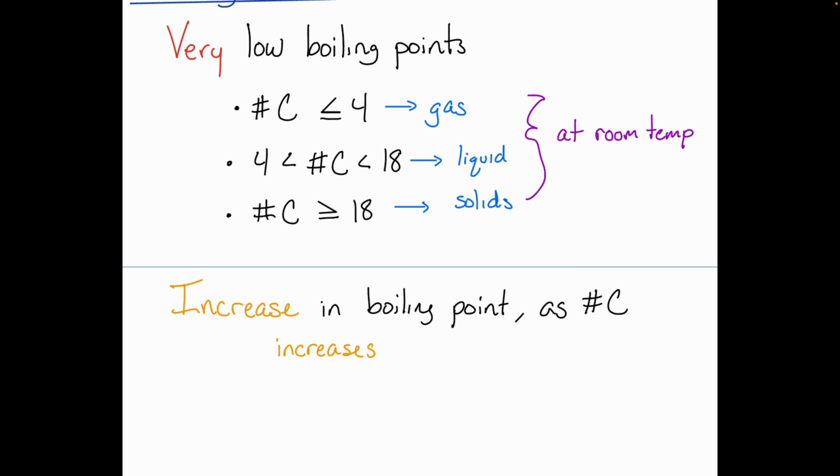Okay, so methane with just one carbon has the lowest boiling point, ethane with two a little bit higher, et cetera, et cetera, et cetera. So as we increase the number of carbons, our boiling point of our alkane increases.